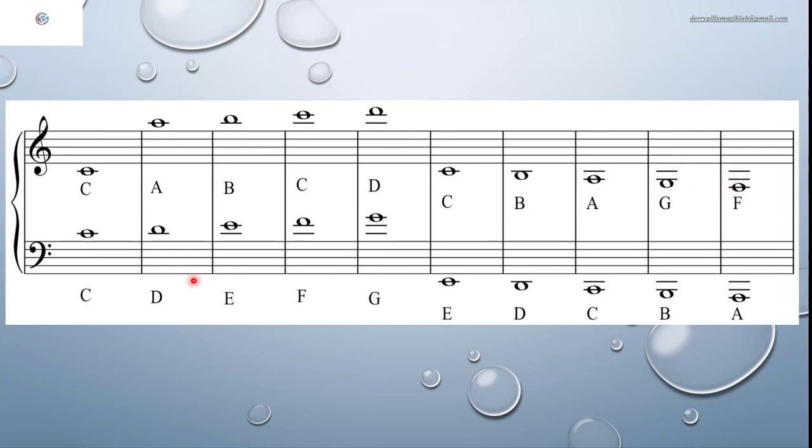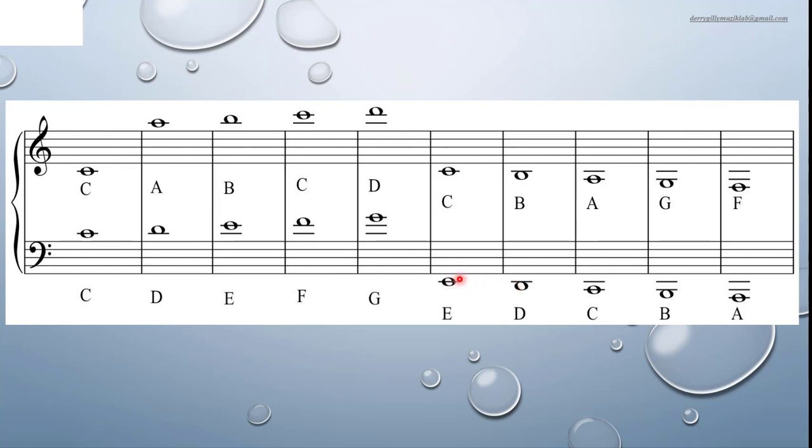Now when it comes to the bass clef, the C is above the bass clef, the D above the bass clef in a space, the E 2 ledger lines above the bass clef, the F in the space above the 2 ledger lines, and then the G 3 ledger lines above the bass clef. The same goes for these ones below the bass clef.